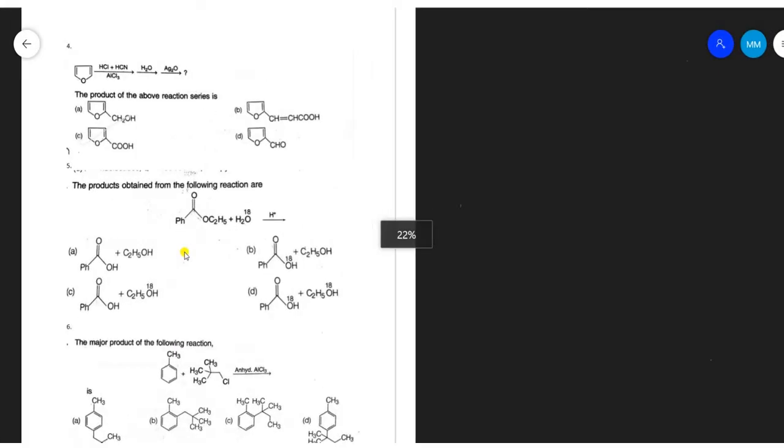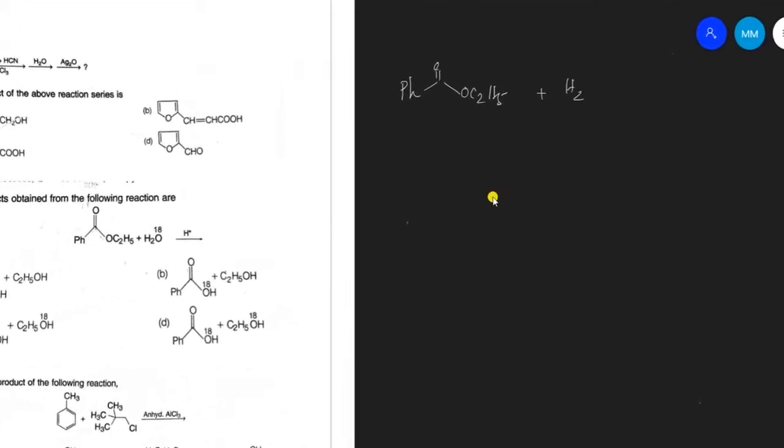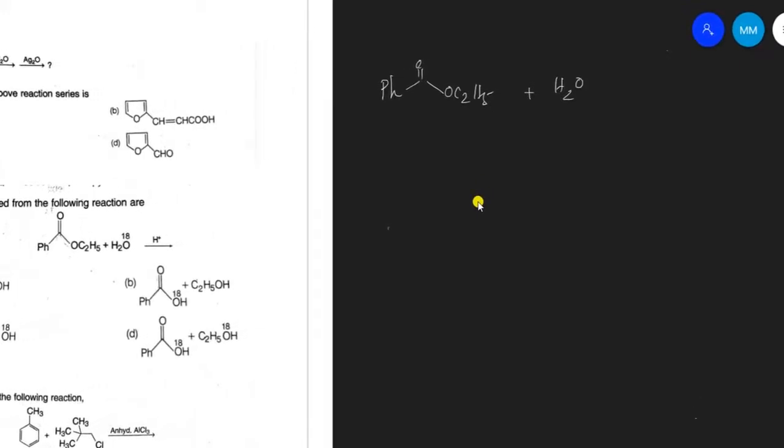The fifth one. The starting material is a phenolic ester, PhC double bond O, an ester compound. It is treated with water enriched with oxygen 18 in the presence of acid.